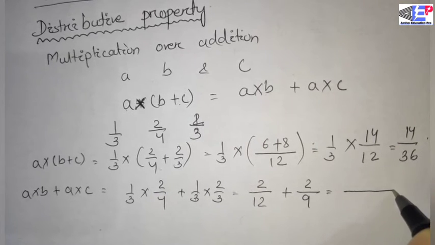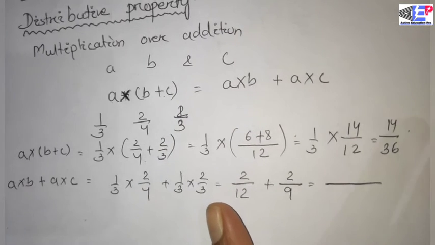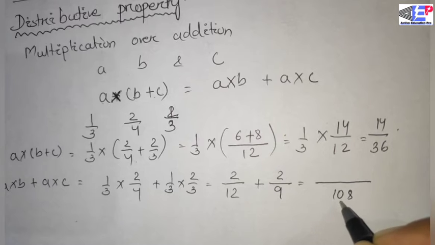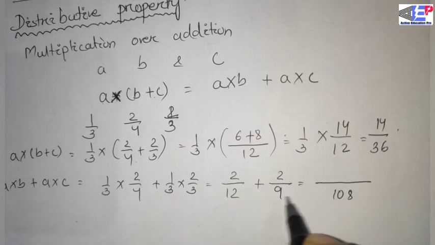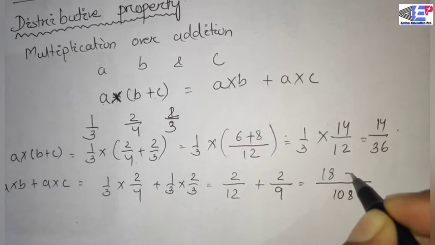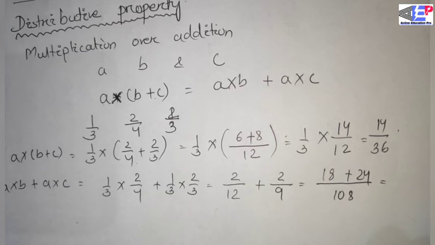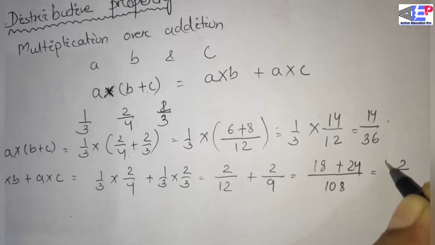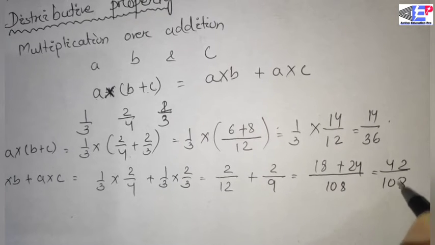Then take the LCM, 12 times 9 is 108. Then 18 plus 24 is 42 by 108.